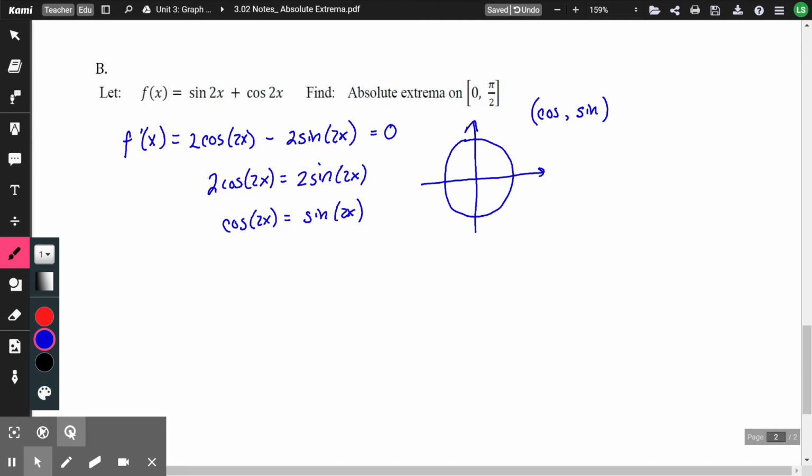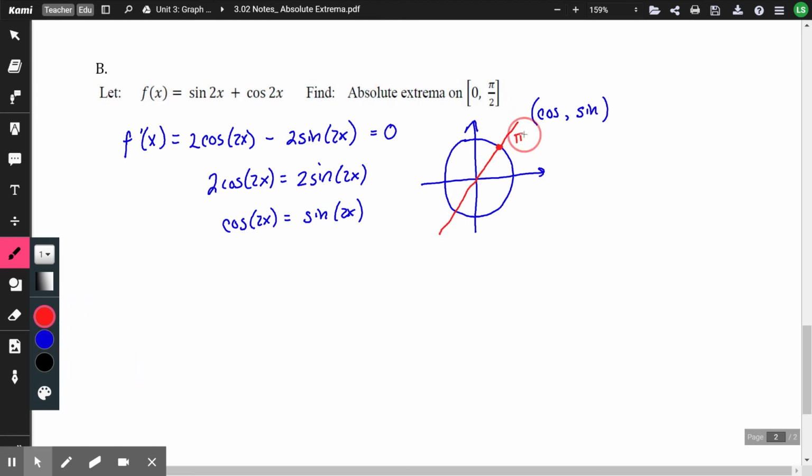And if you think about your unit circle, what you're essentially trying to find is where the cosine value and the sine value are going to be the same. And if you think on the unit circle how cosine is represented by your x-coordinates and sine is represented by your y-coordinates, you're essentially looking for the points that are on that line of y equals x.